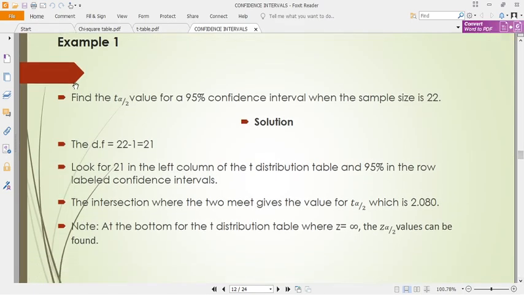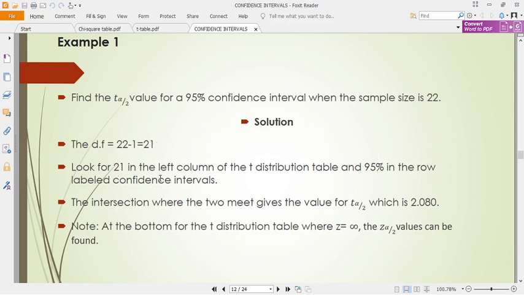We shall start by finding the t alpha over 2 value of a 95% confidence interval when the sample size is 22. So we saw our sample size is less than 30. So we start by getting the degrees of freedom, which are n minus 1. So 22 minus 1, our degrees of freedom will be 21. So another thing to note here, we still use the t table.